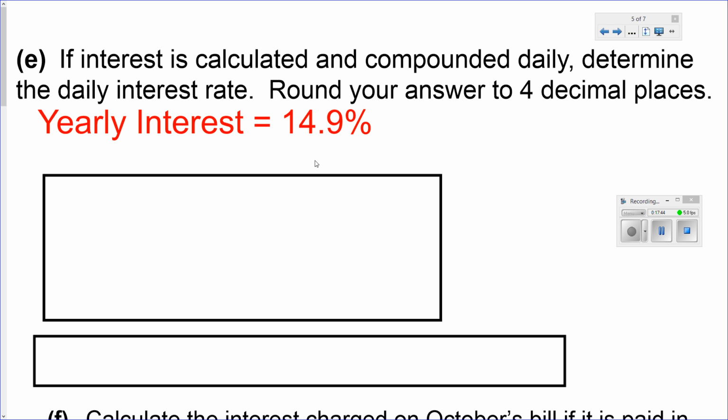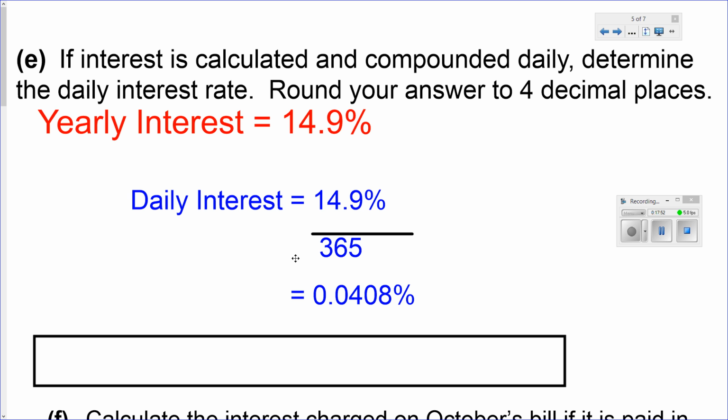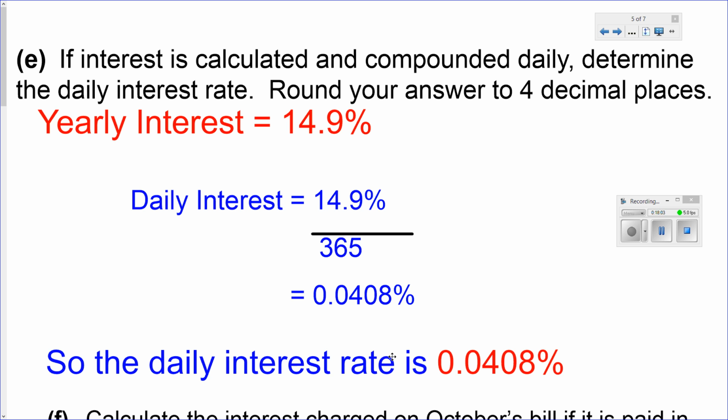The yearly interest rate is 14.9%. The daily interest rate is 14.9% divided by 365, which ends up being 0.048. So the daily interest rate is 0.048%. So this is how you would do one of the questions for questions 1A and 1B.